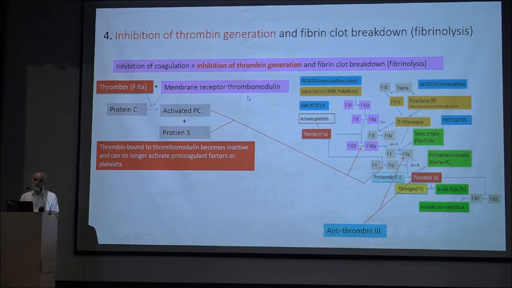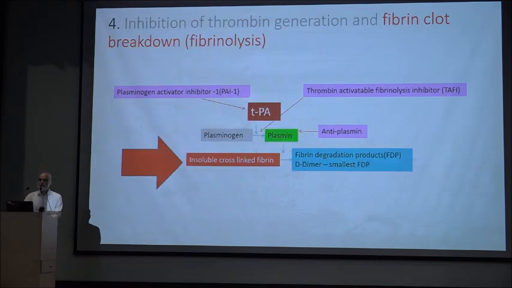So thrombin plus thrombomodulin leads to activation of protein C and protein S, and these proteins are in turn inhibitory to various steps in the secondary process. And also antithrombin 3 directly inhibits thrombin and few steps in the coagulation cascade. Then fibrinolysis is going to occur.